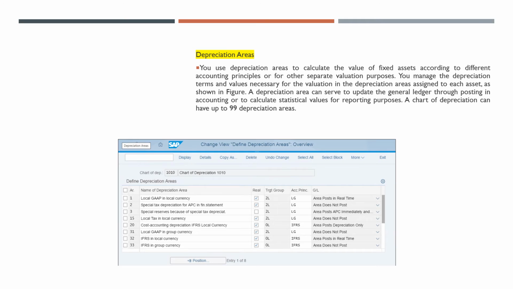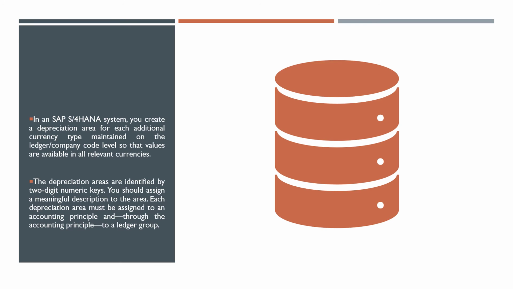So a chart of depreciation can have up to 99 depreciation areas. Okay. So right here in the SAP system, you create a depreciation area for each additional currency type maintained on the ledger at the company code level, so that the values are available in all relevant currencies.